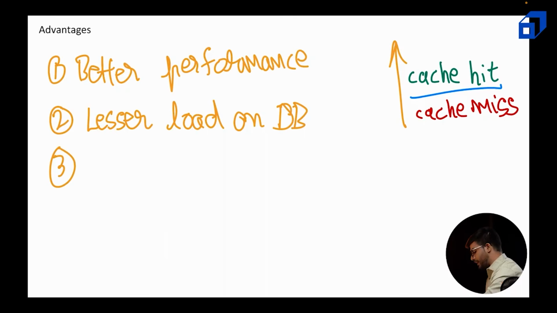And lastly, it helps to reduce expenses. You would be like, you mentioned that cache is costly hardware, so how is it reducing the expenses? For example, let's assume you are facing some performance issues and you want to increase the number of cores. You have two options. Either you can increase the memory or the number of cores in your system by purchasing some costly GPUs or CPUs, or you can introduce a cache in front of you.